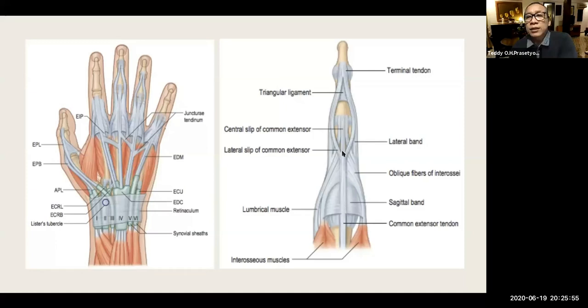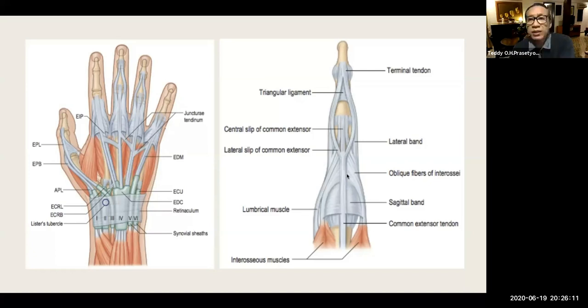Then the central slip, or the main extensor tendon, inserts in the middle phalanx. Remember, it only stops here in the middle phalanx, while it trifurcates with the lateral slips.